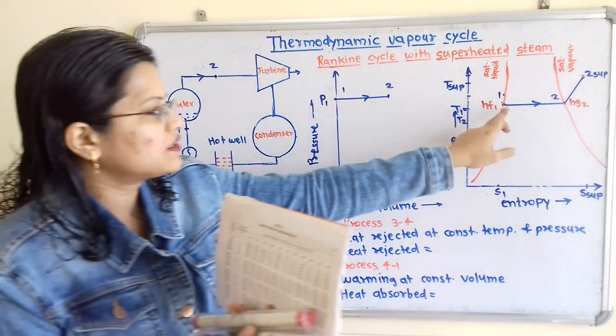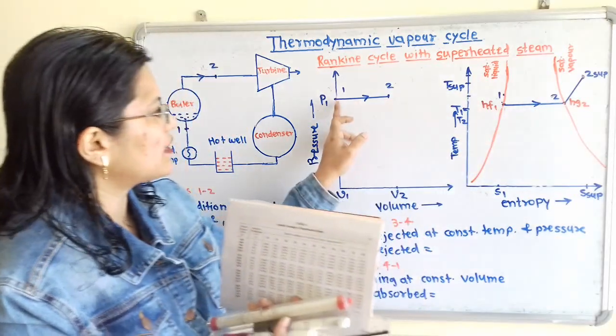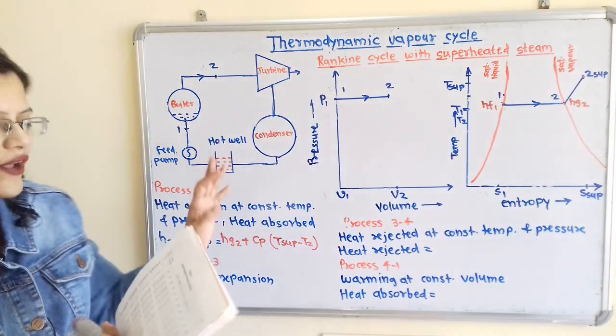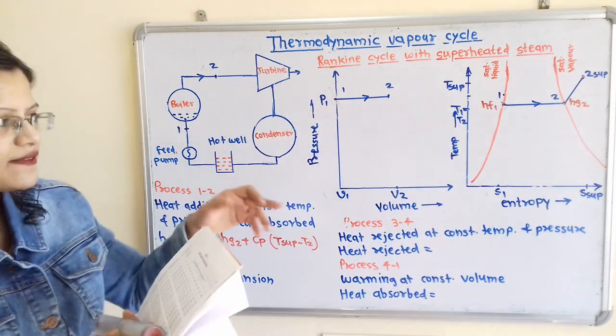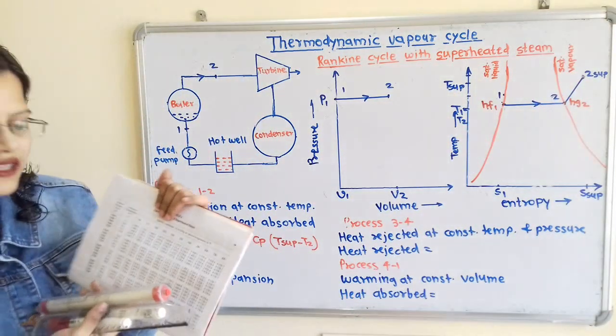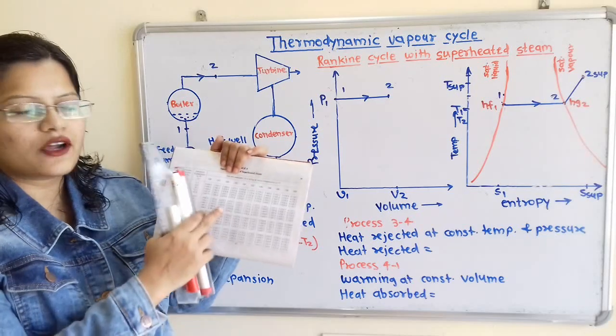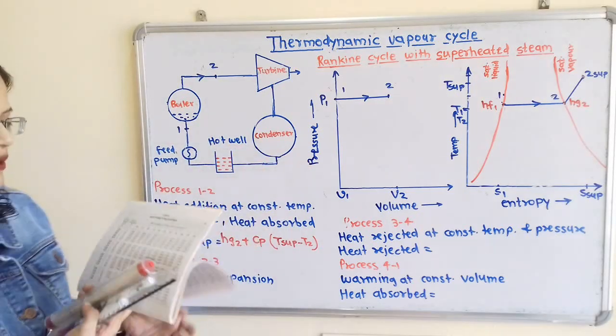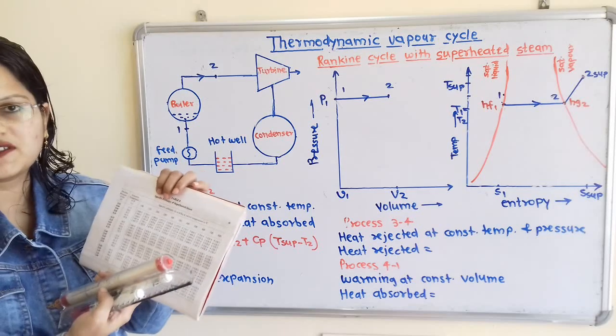Now this process of heat addition is taking place at constant pressure. So when the pressure is known as well as the T superheated, that is the temperature, then we can directly find out the value of H superheated, that is the specific enthalpy.